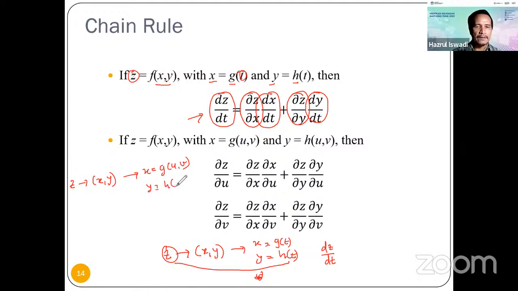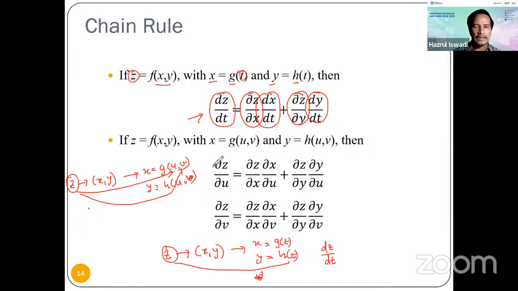The question is how to find the derivative of z with respect to u and with respect to v.